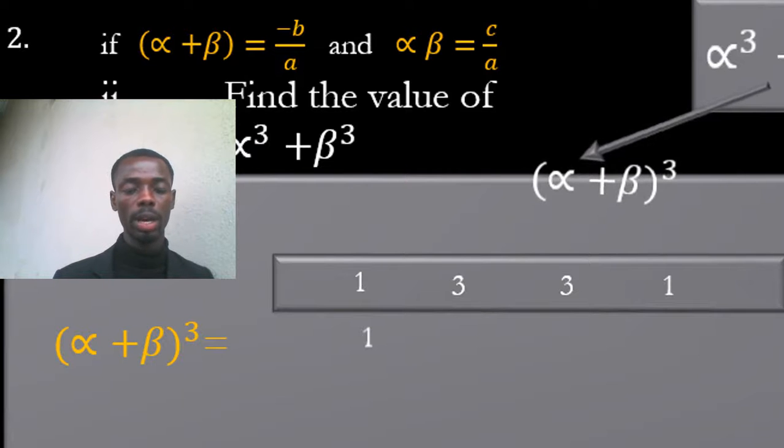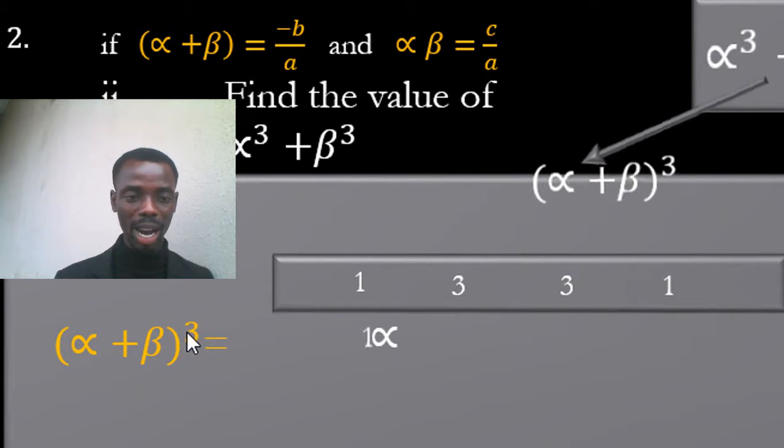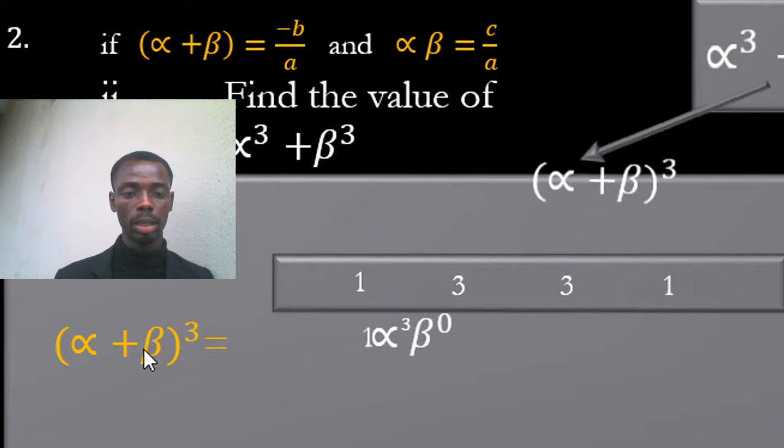Now that we have brought out this first coefficient, which is 1, let's bring out the first term in this bracket, that's alpha. So this alpha is going to be carrying this power of 3. The next thing is, let's bring out this second term, beta. But beta will be carrying the power of 0. Don't worry, you understand.